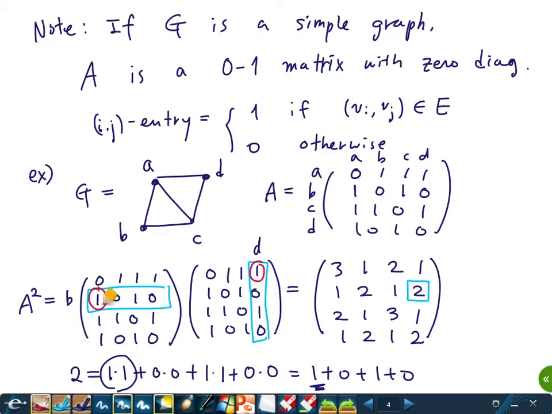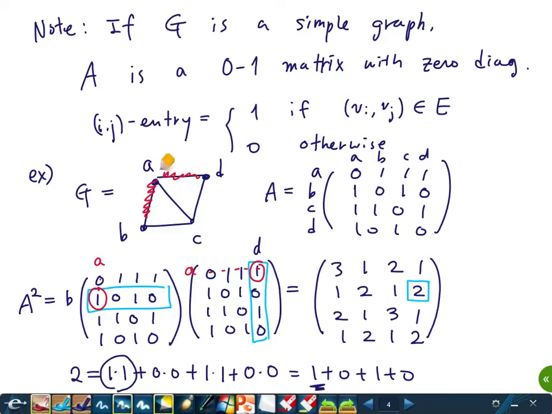First entry in this row, first entry in this column. What does that mean? This corresponds to the vertex A, and this corresponds to the vertex A, right? This means B and A are connected by an edge, like this. And what does this mean? A and D are connected by an edge. Only in this case, we add 1.